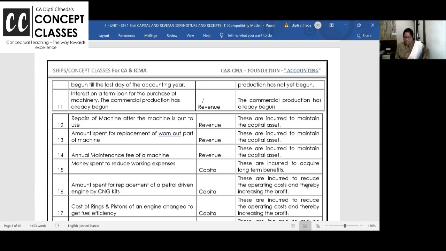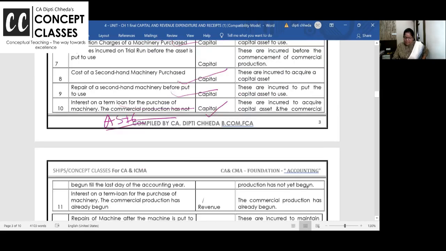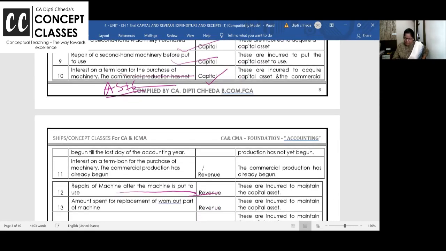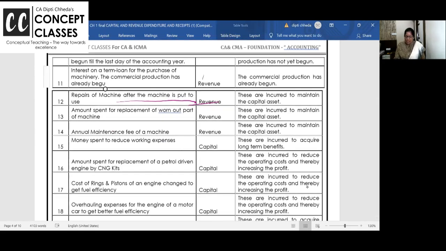Repairs of the machine after the machine is put to use are now revenue. The first repairs you incurred, before the trial run and all, are capitalized. If you read now, you will get an idea. Amount spent on worn out spare parts and all, revenue.